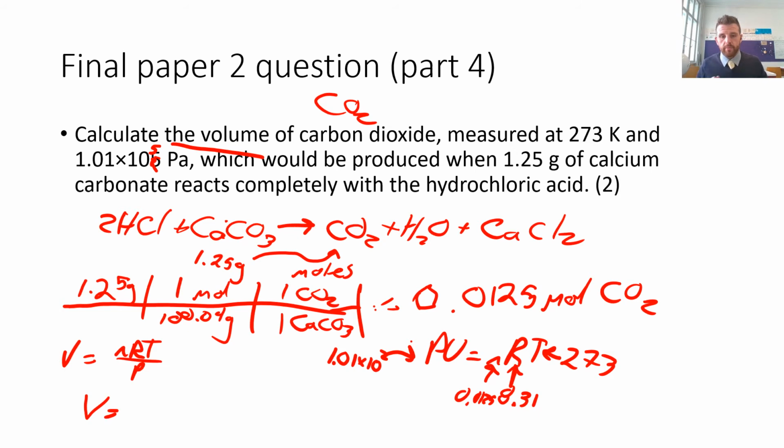I'm running out of room, so I'm going to just do this on my calculator. 273 times 8.31 times 0.0125. Divide that by... I get a volume of 0.281 decimeters cubed.